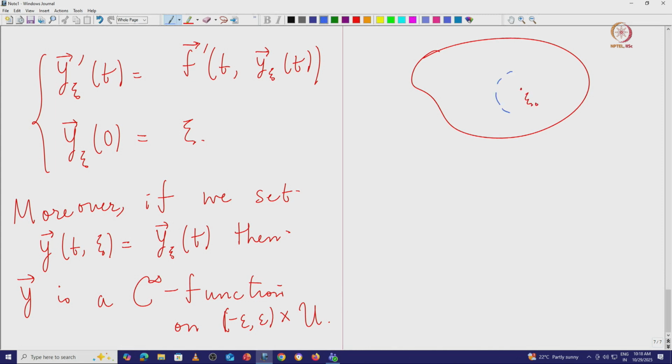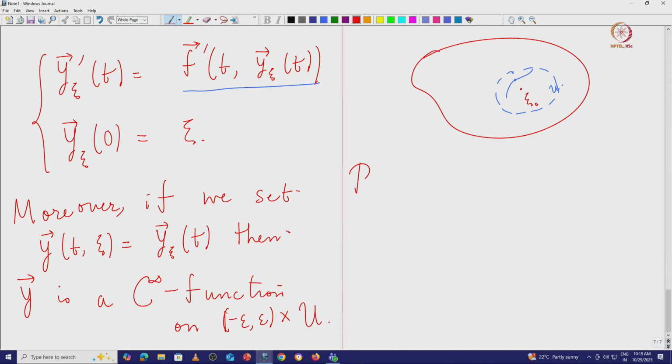I am claiming that you can draw a little neighborhood U around this, so that if you take any other point xi, then there is a curve passing through that xi whose velocity vectors are precisely prescribed by this function F.